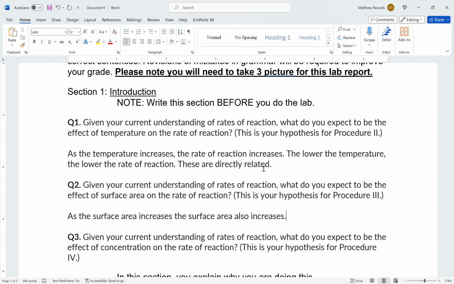Okay, there we go. I fixed it. I put the rate of reaction in. So that is also not correct. It has to be about the surface area increasing first. Then you can say something about the rate of reaction. All right, let me fix that. I just have to swap them around.